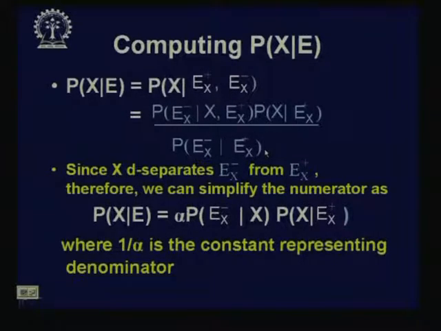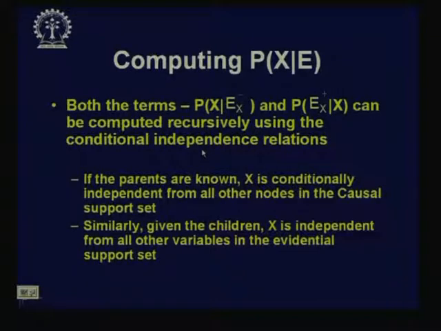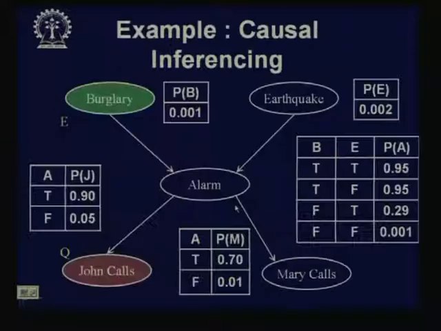If they are independent, then the probability of E x minus given E x plus is basically the probability of E x minus, and this independence comes from the deseparation. Now, both the terms, P of E x minus given x and P of x given E x plus, can be computed recursively using the conditional independence relations. That is a simple way of dealing with it.